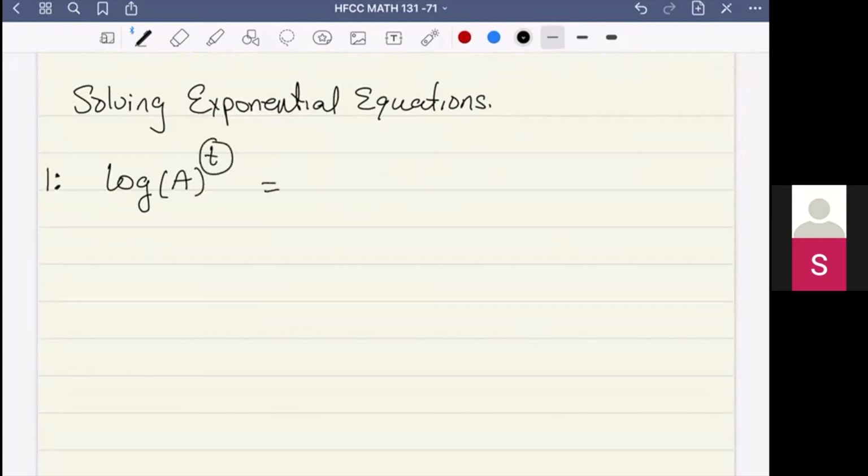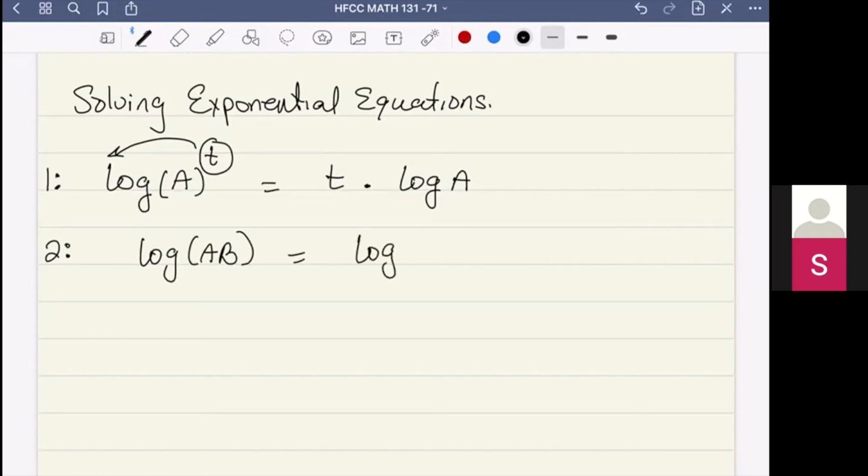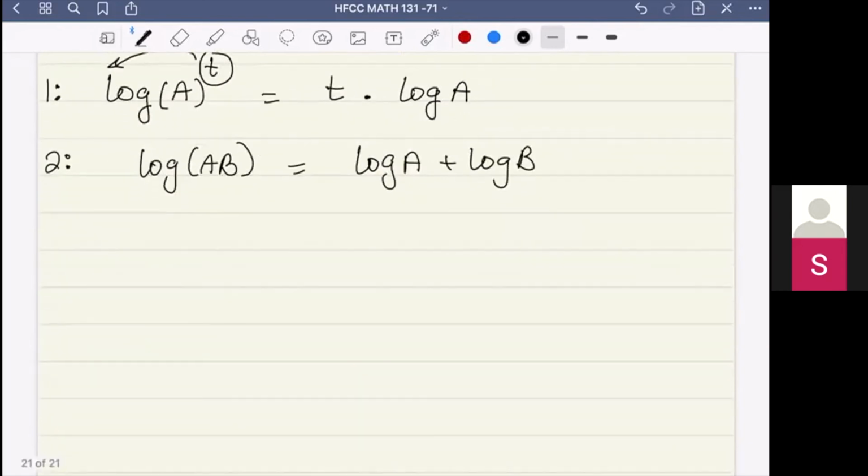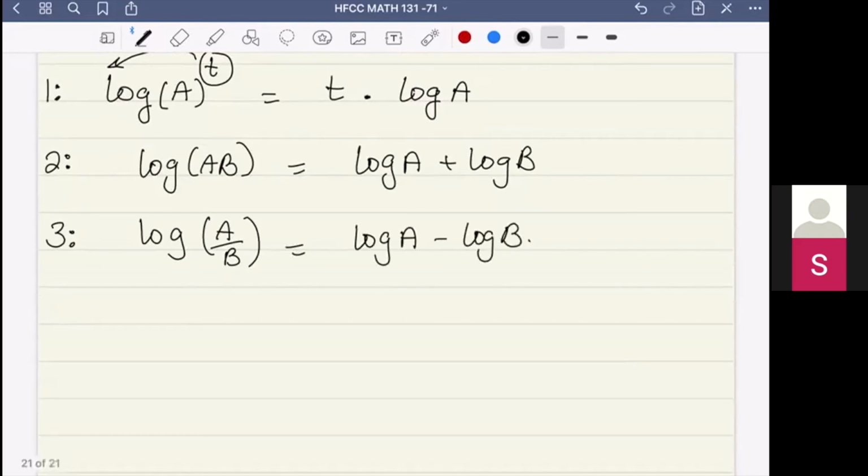I would bring the t down, so it equals t times log of a. The second one would be log of a times b. Multiplying is the same as adding: log a plus log b. Remember, these are all of base 10. And the third one, log of a over b, which is the same as dividing, is subtracting: log a minus log b.